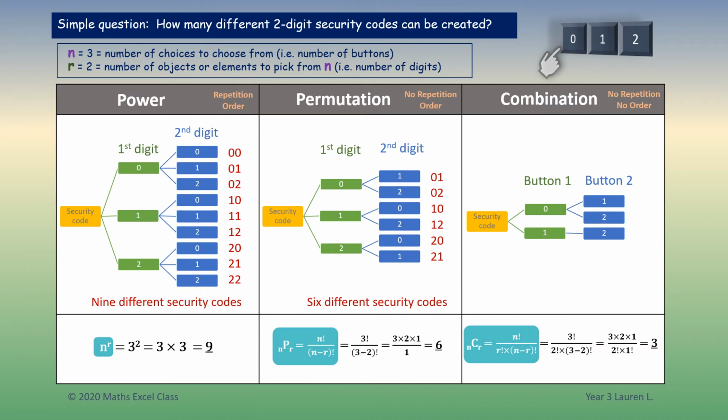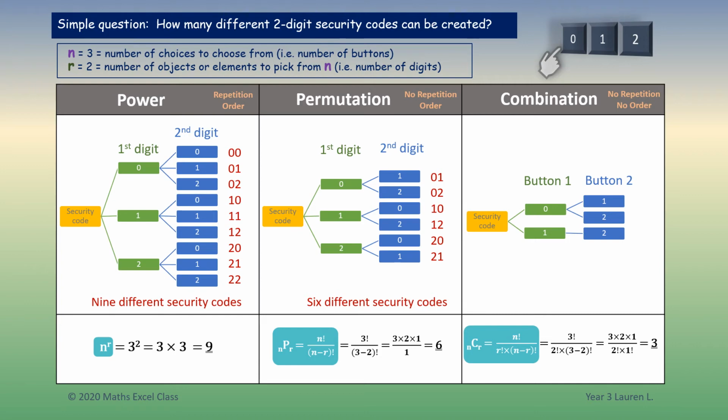This would equal 3 times 2 times 1 over 2's factorial times 1's factorial. 2's factorial is 2 and 1's factorial is 1. That means it would be 2. We can cancel the 2 at the top and we can also cancel the 2 at the bottom. So we are left with 3 times 1, which equals 3.